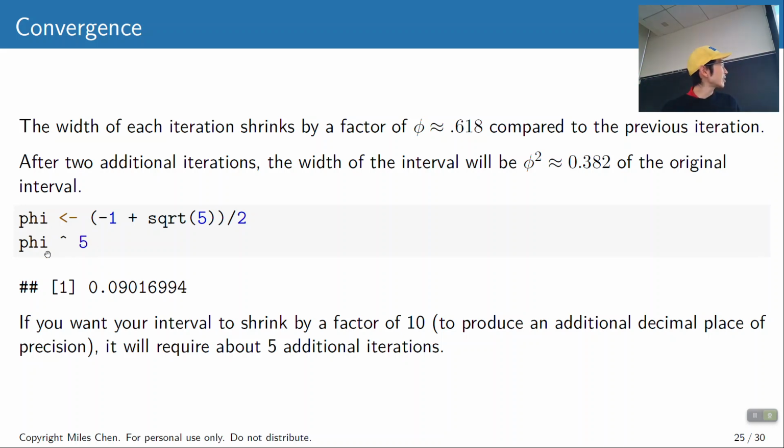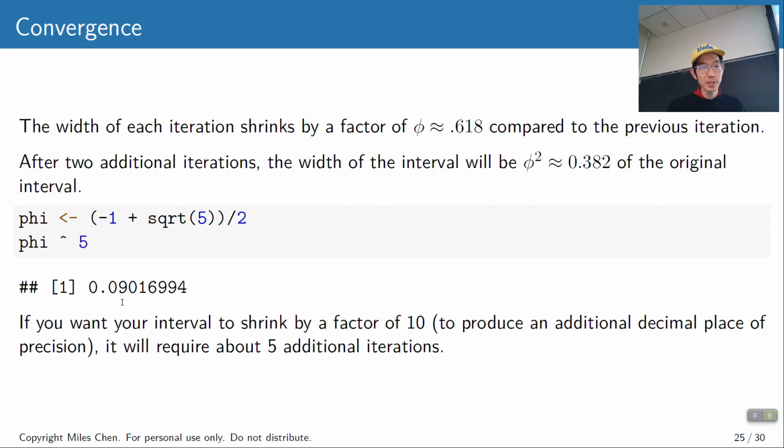When you take phi and you raise it to the 5th power, it's around 1/10, or around 1/11 of the previous size. So phi raised to the 5th power is a little under 0.1, and that's why it takes around an additional 5 iterations to shrink your interval by a magnitude of 10.